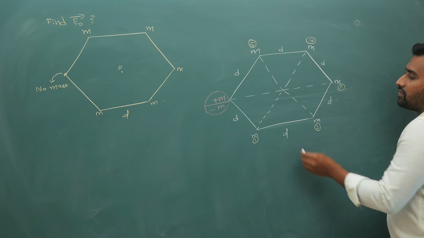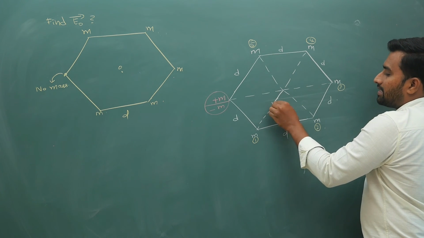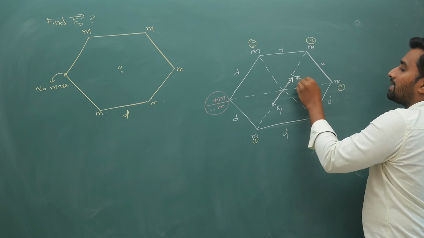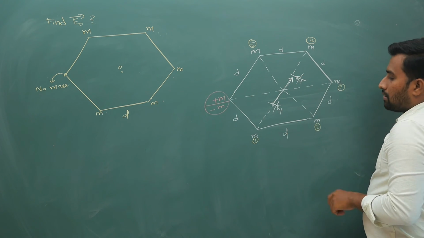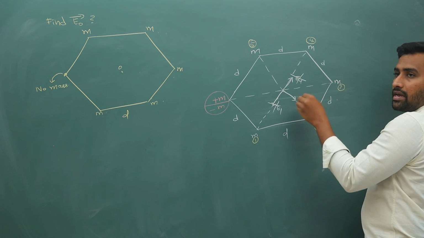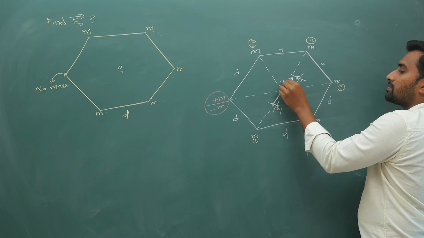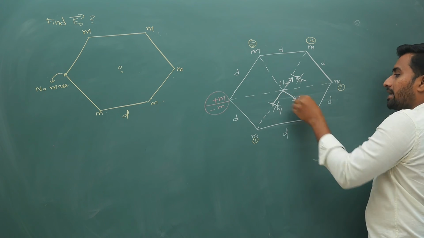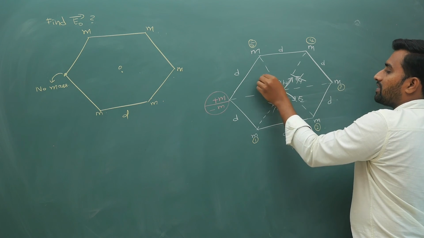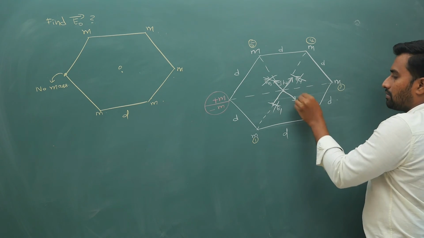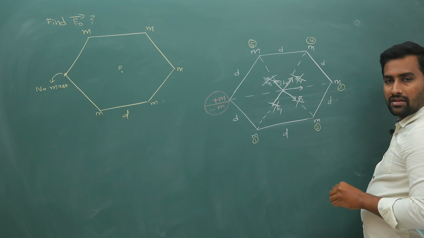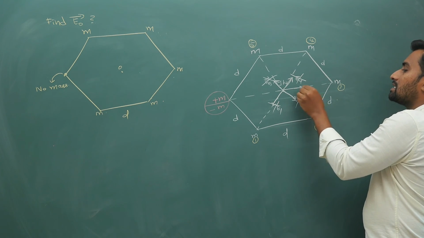Now if you observe carefully, E1 will attract this way, E4 will attract this way, they will cancel off each other. And E2 will attract 1 kg mass. Okay, what did I tell you? For field, just simply place 1 kg. If you place 1 kg, the 1 kg mass is attracted by 2 this way, and by 5 this way. So these two will cancel off. Now because of the third one, E3 is this way.